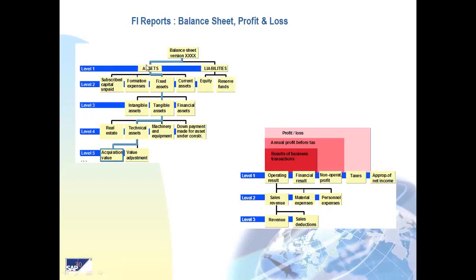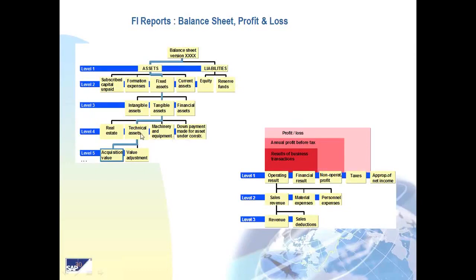For example, the balance sheet is divided into assets and liabilities. Again, assets are divided into subscribed capital, formation expenses, fixed assets and all. Again, fixed assets into tangible and intangibles, and tangibles into real estate, technical machinery, and down payments made and construction in progress.